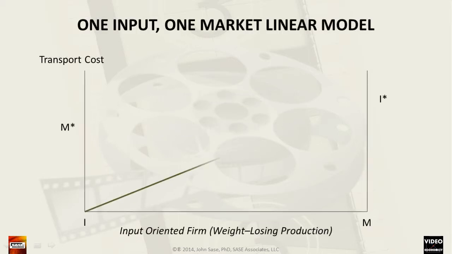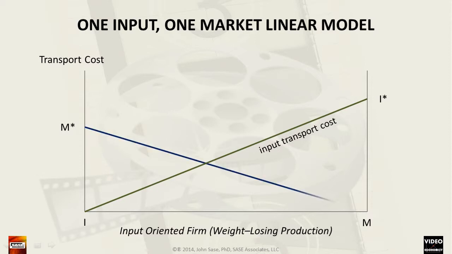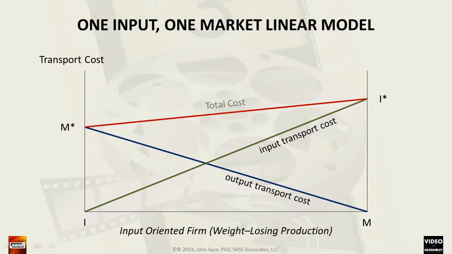In this graph, the slopes of the two lines imply that it is more costly per mile to transport fragile grapes with a high water content than it is to ship cases of the finished product. By summing the input transport cost and the output transport cost, we obtain total cost, the line in red.